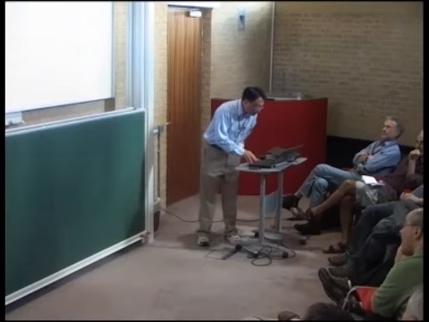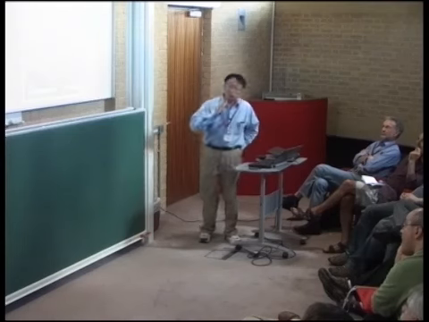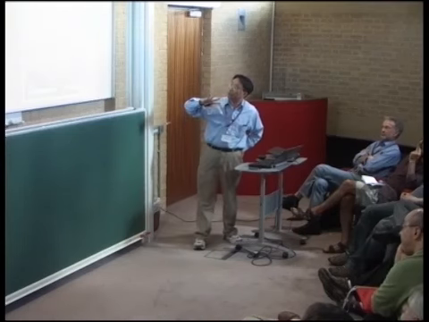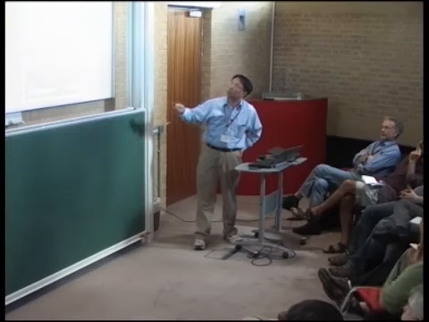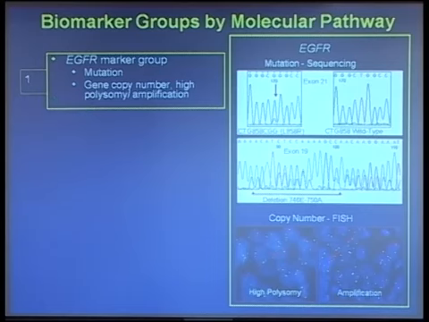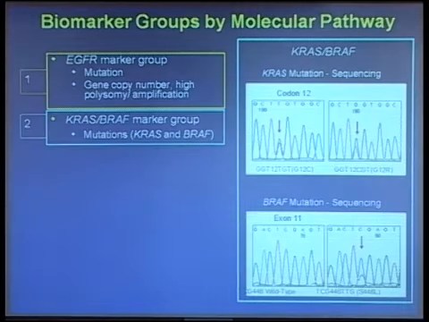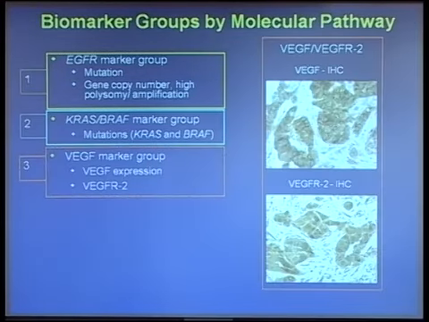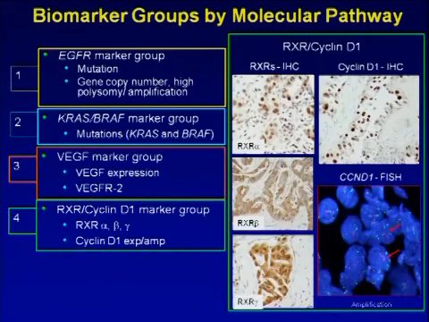Just quickly, let me show you what these markers are. We have several markers on the EGFR pathway, like mutation, gene copy number, polysomy, and amplification. We also have markers like KRAS and BRAF mutation. We have markers on angiogenesis, VEGF and VEGFR2.